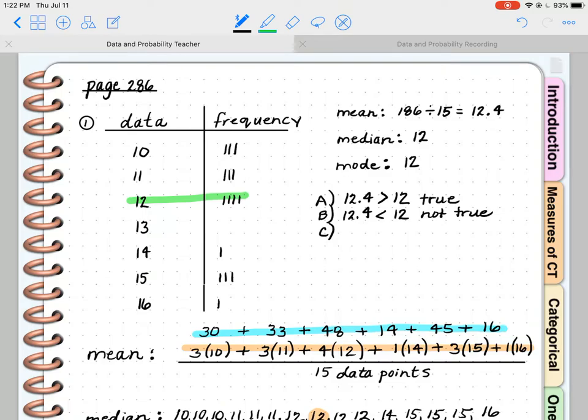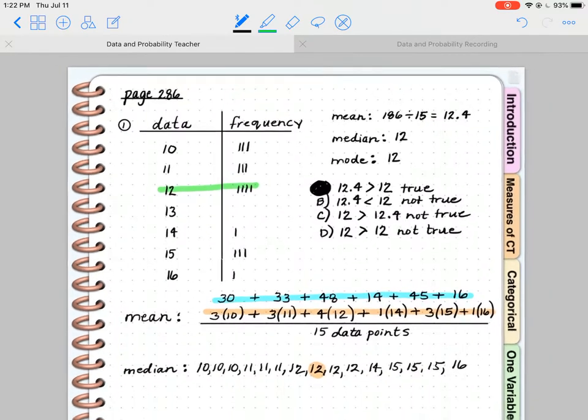C says the mode is greater than the mean. Nope. And D says the median is greater than the mode. Nope, they're equal. So that is not true. The one that is true is A. So the answer to question 1 is A.